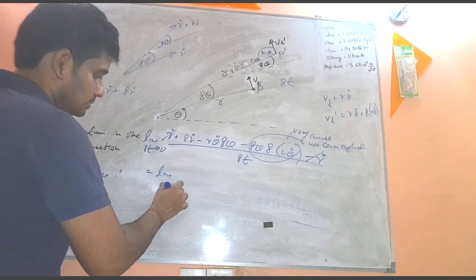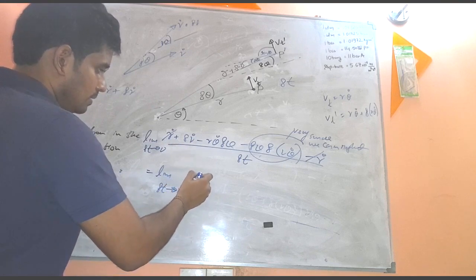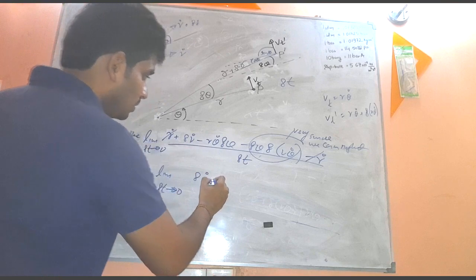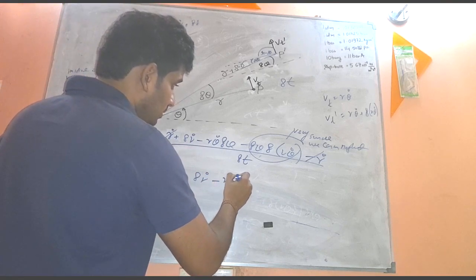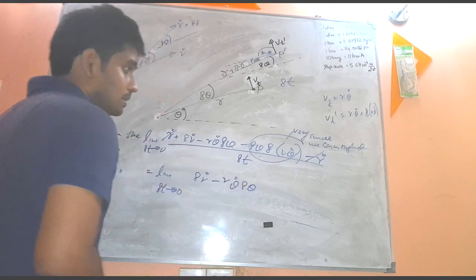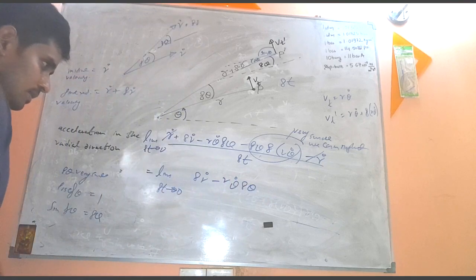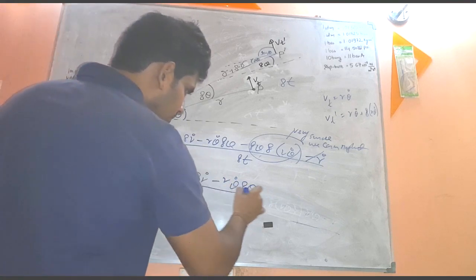We have delta r dot minus r theta dot delta theta, divided by delta t.